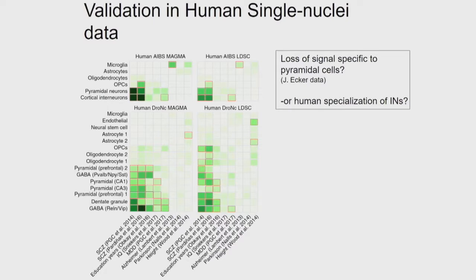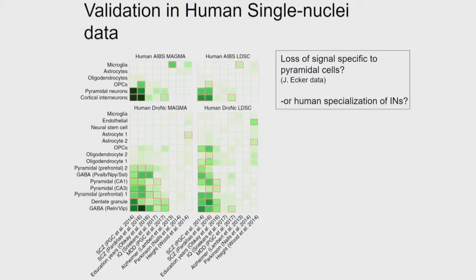The big difference, I think, is that we see a much higher signal in the GABAergic interneurons than we did in the mouse data. We don't know whether this means that there's a loss of signal specific to pyramidal cells due to our selective depletion of mRNA species, or whether this represents a human specialization of GABAergic interneurons that is highly relevant for disorders. We don't know yet, but data from Joe Ecker suggests it might be due to the loss of signal.